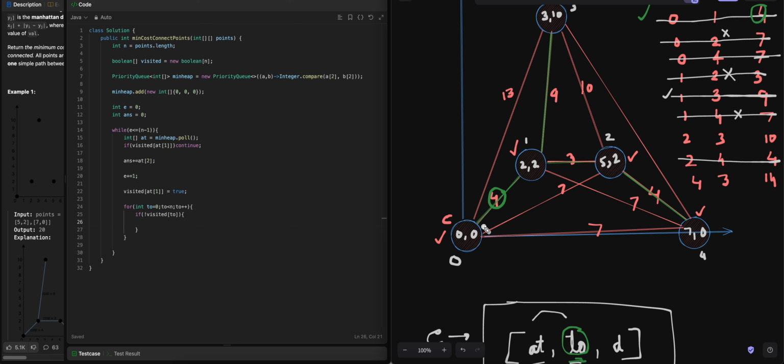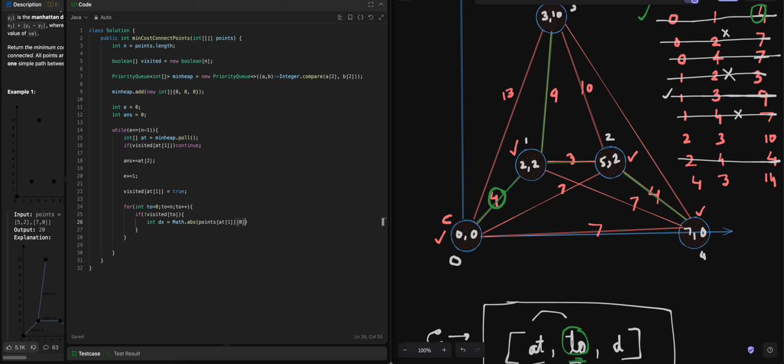Now what we have to do is calculate the Manhattan distance. So we are going to do it here. So int dx, the difference in the x, is equal to Math.abs of points array. They have given us whatsoever is the point that we are at. So 0 1 2 that we are getting is the index of the points array, and we have to consider now x.